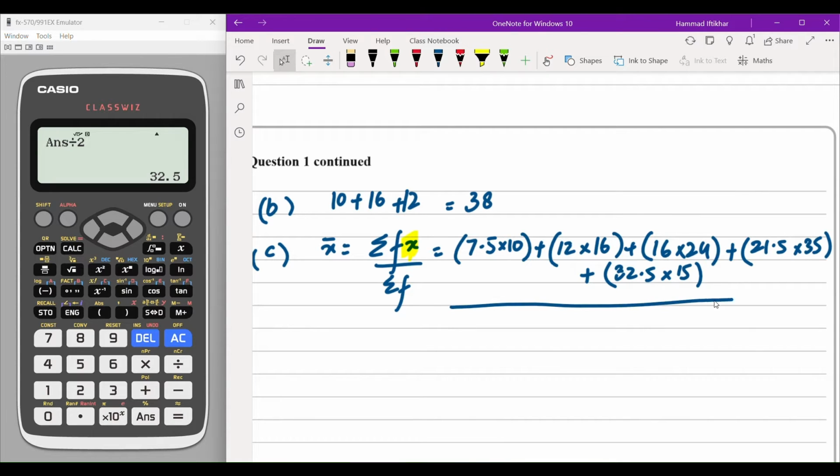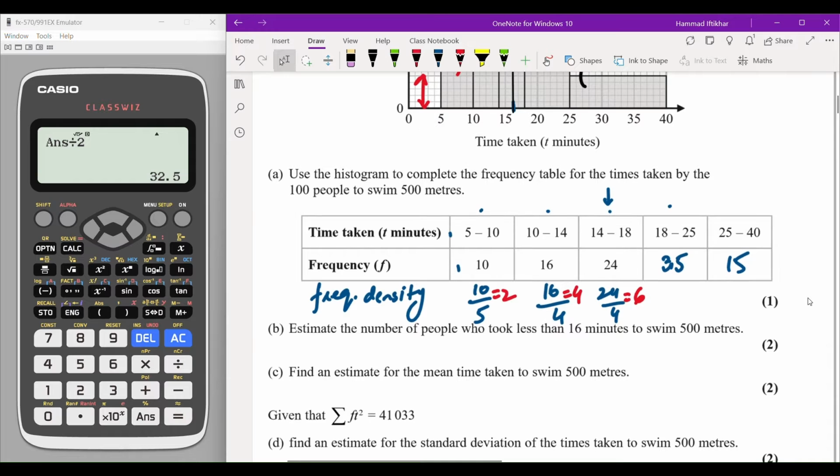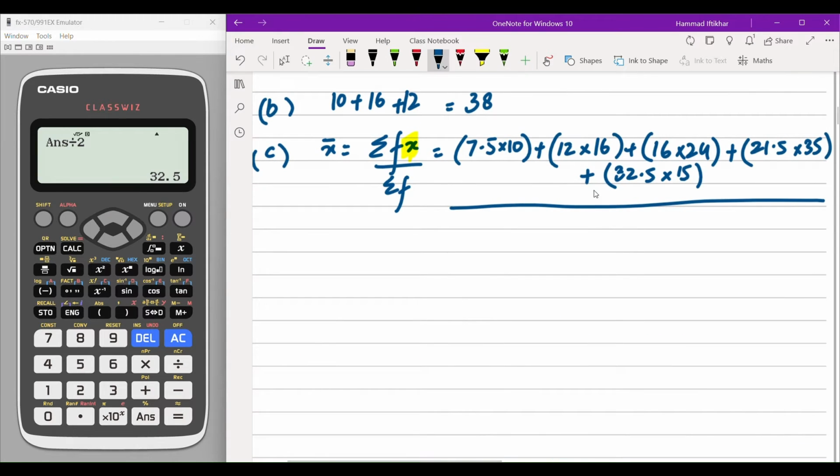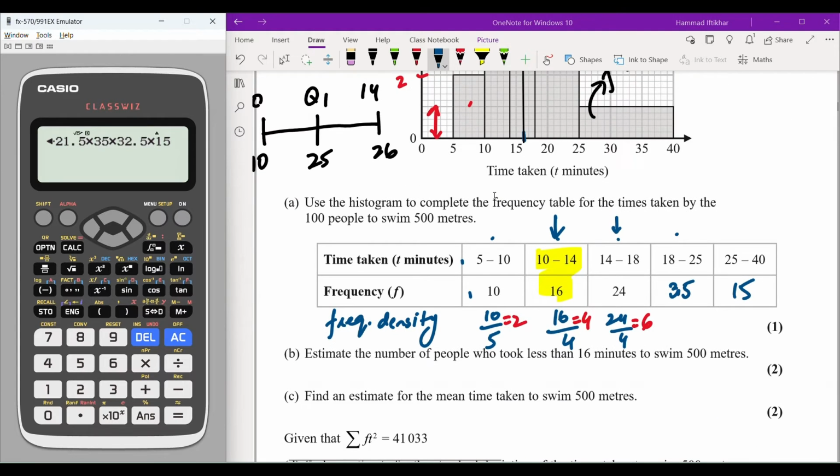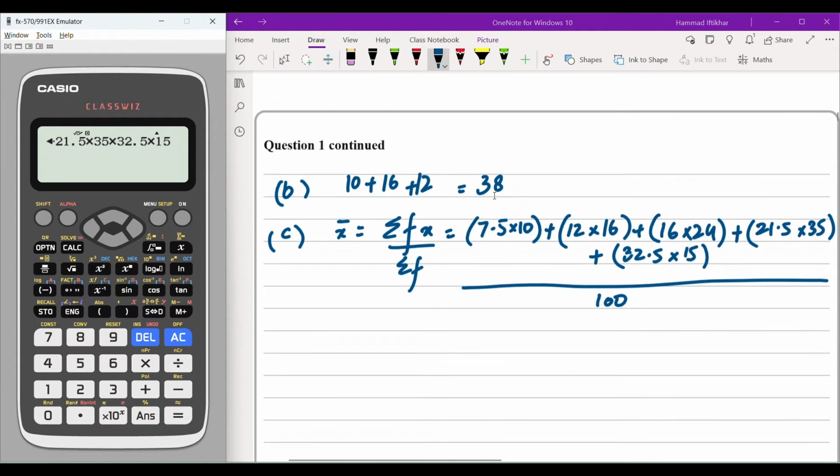Okay. Now divided by the complete frequency, which was 100 people. All in the calculator. So 7.5 times 10 is 75 plus 12 times 16 plus 16 times 24 plus 21.5 times 35 and then 32.5 times 15, just to make sure that we have the same thing.